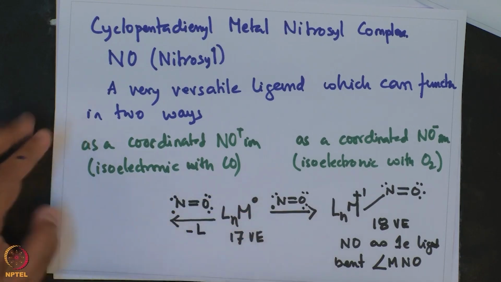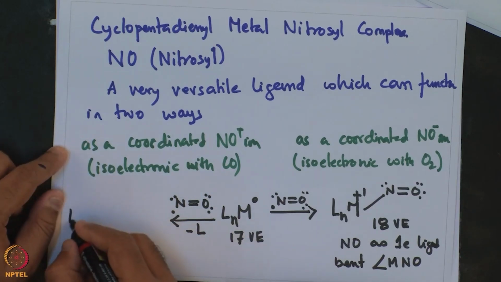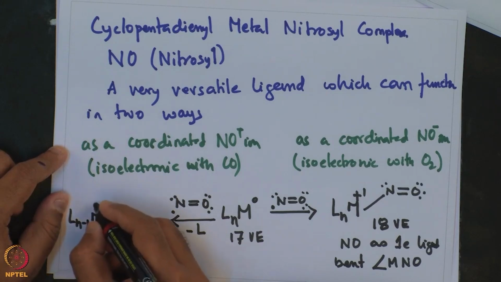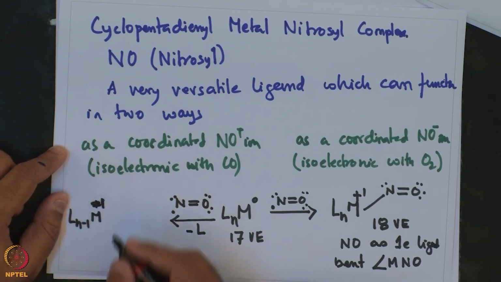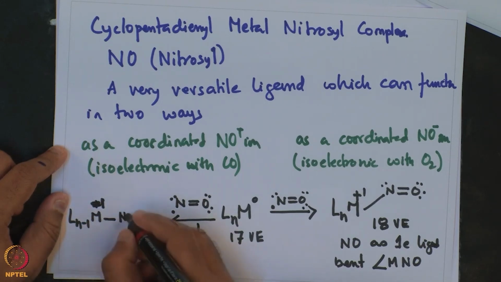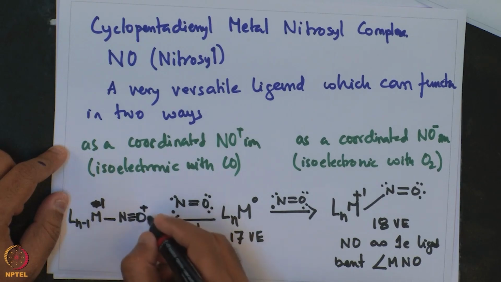In that case, it loses an L, and the resultant N minus 1 M, the oxidation state becomes minus 1, NO plus.